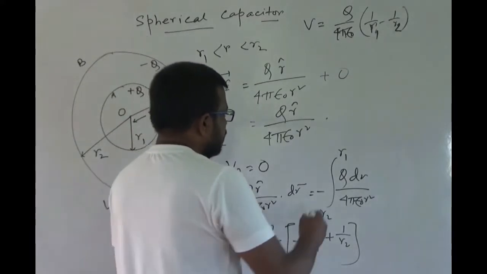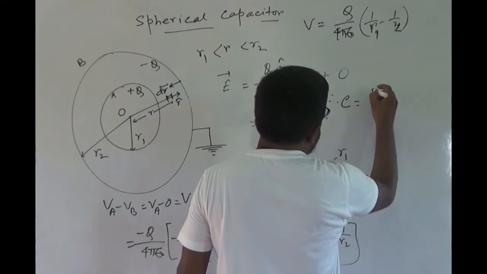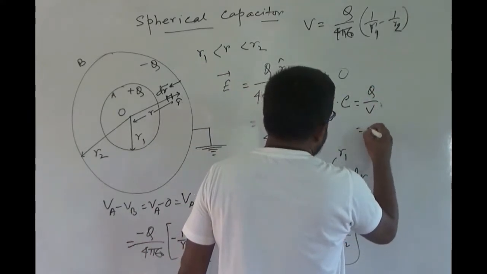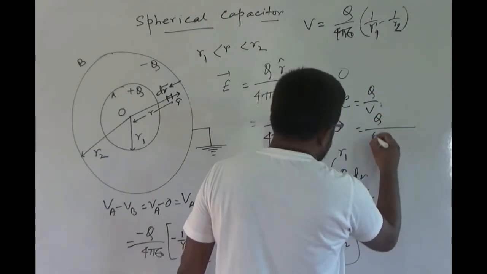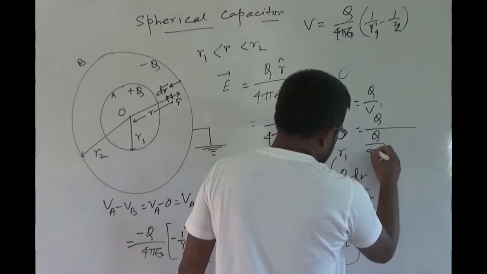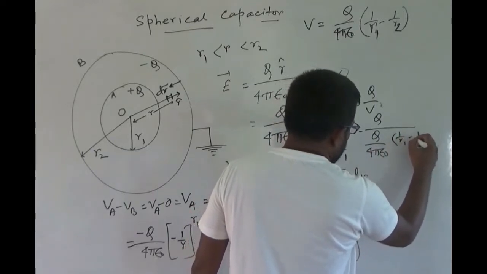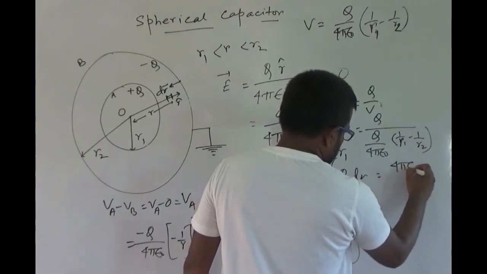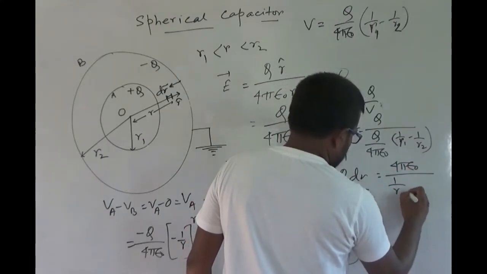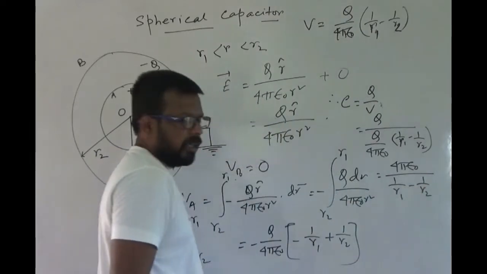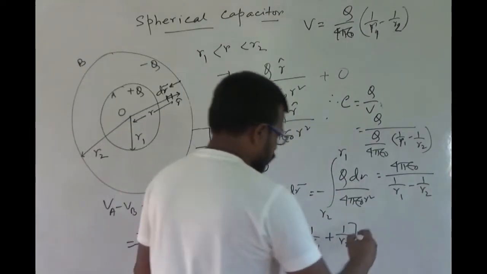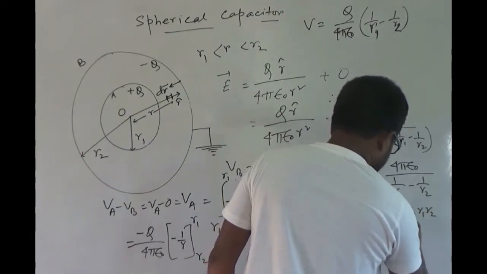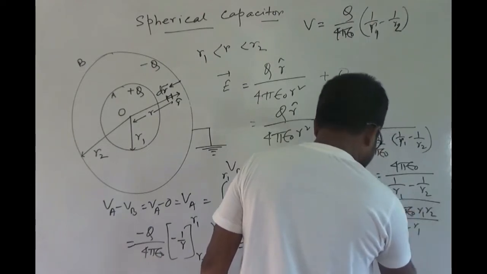Therefore, capacitance of this spherical capacitor C will be equal to q by V. Now, q equals q and V equals q by 4 pi epsilon naught into 1 by r1 minus 1 by r2, or we may write 4 pi epsilon naught divided by 1 by r1 minus 1 by r2, or we may write C equals 4 pi epsilon naught r1 r2 divided by r2 minus r1.